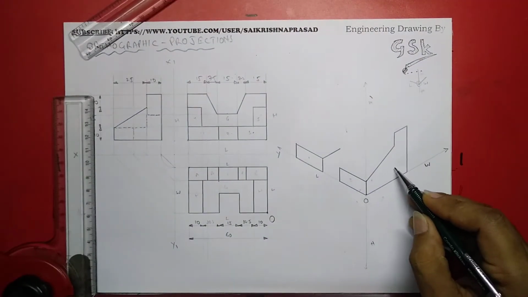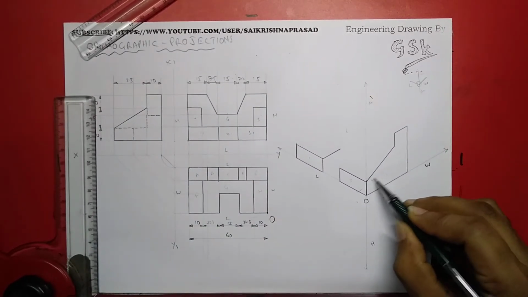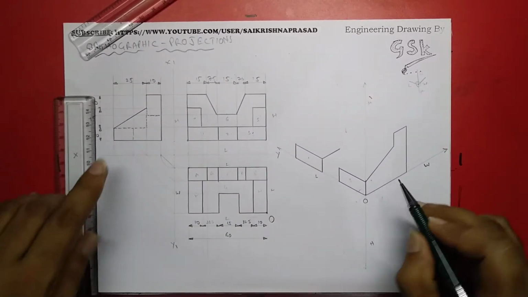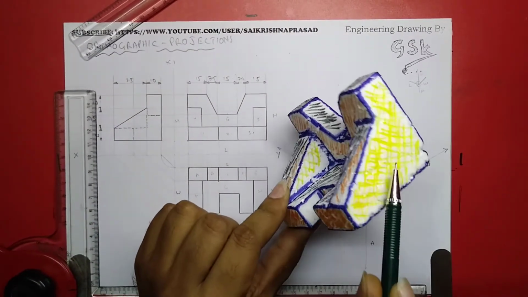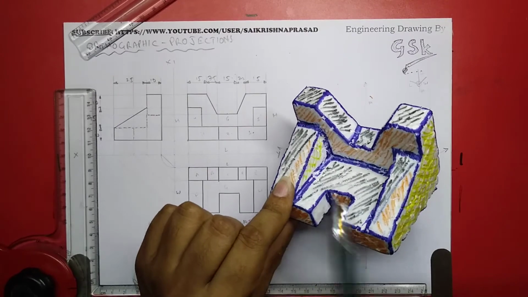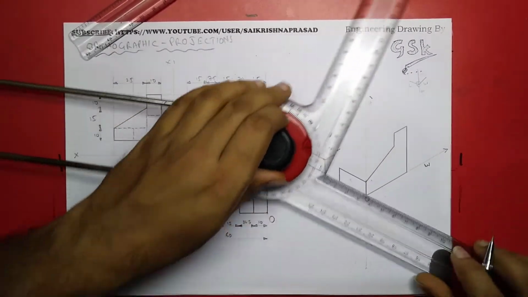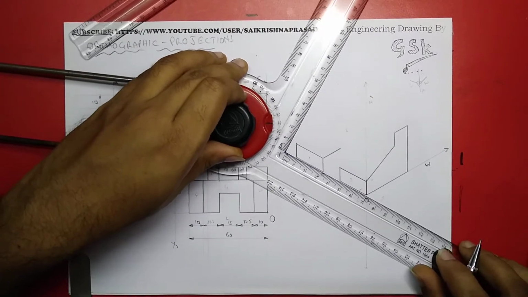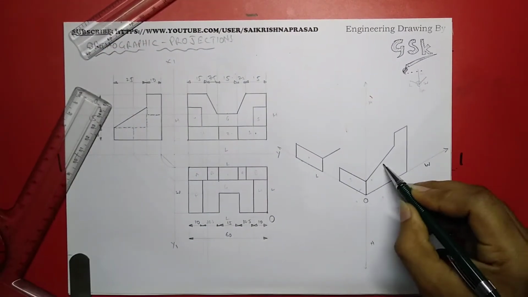Right, this is the side view. Here this is the side view, but there are some hidden lines over here that represent that there is some object behind this surface. This surface we have another object or another plane. Right, we have finished the side view.